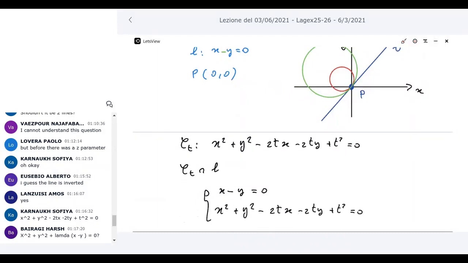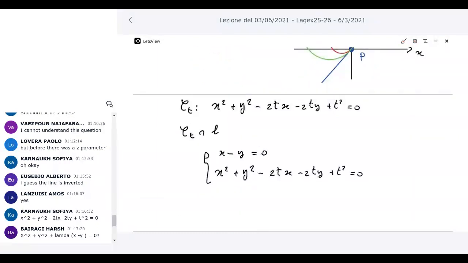So what can you do? Well, you see, if you want to compute this intersection, the first equation is telling me that x is equal to y. So I can substitute the first equation in the second.